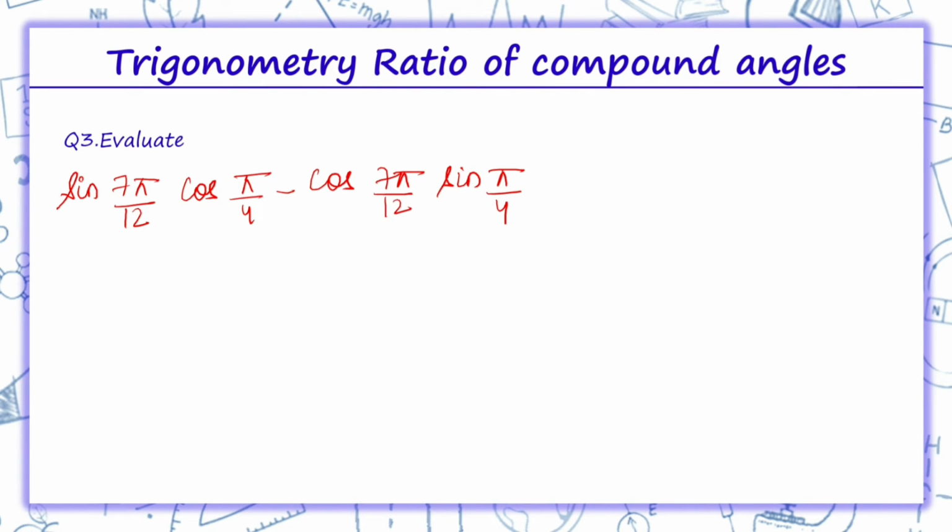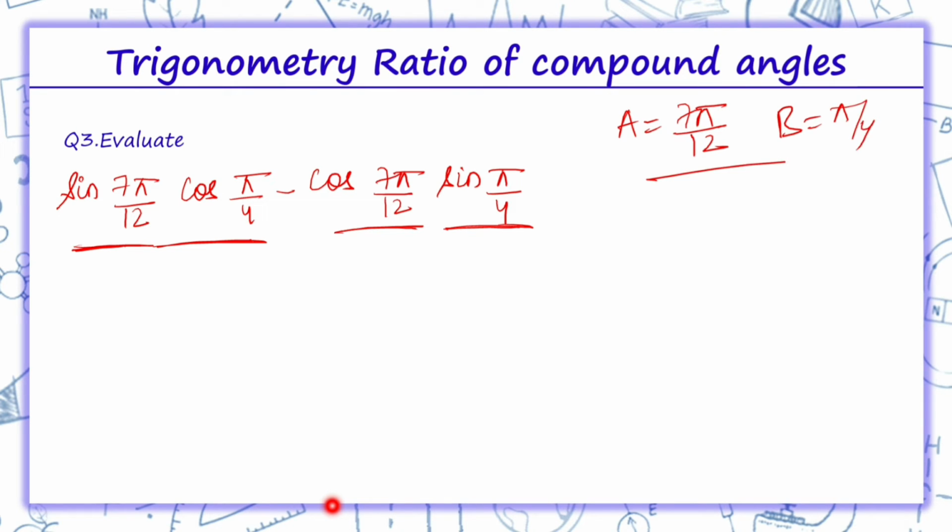Next question is we have to evaluate, that is, find the value of sin 7 pi by 12 cos pi by 4 minus cos 7 pi by 12 into sin pi by 4. Now see, directly we can apply a formula. This is sin A cos B minus cos A sin B, where A is 7 pi by 12 and B is pi by 4.